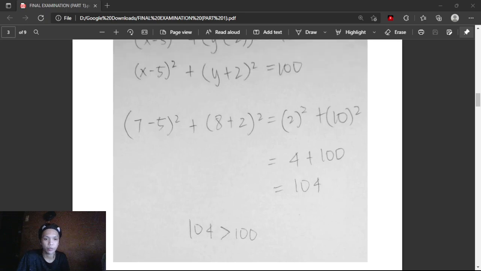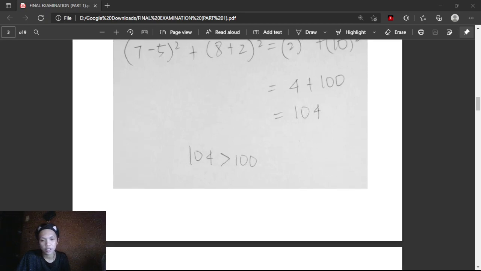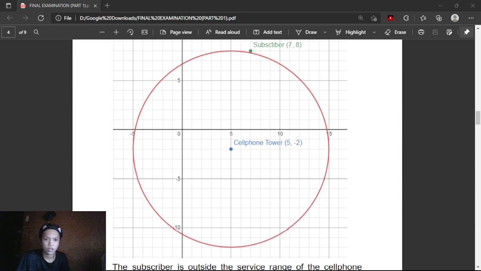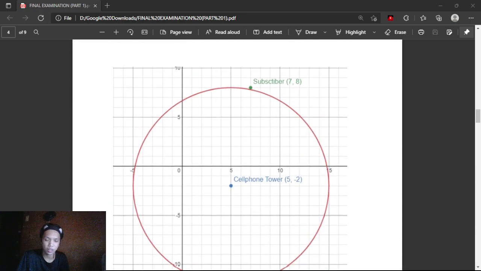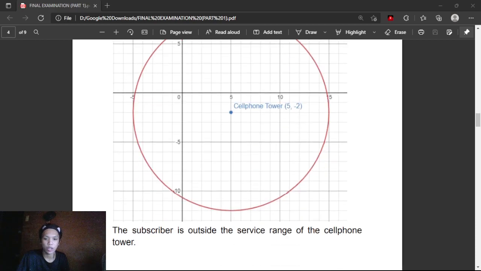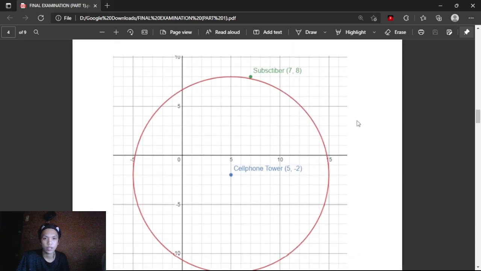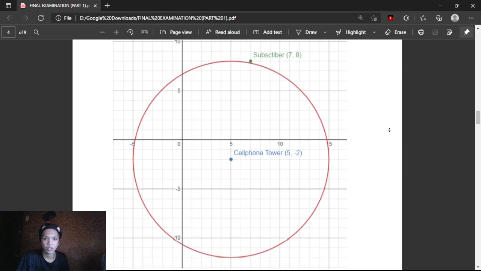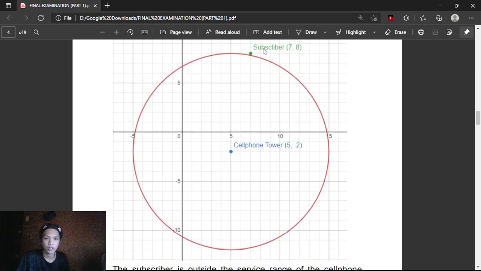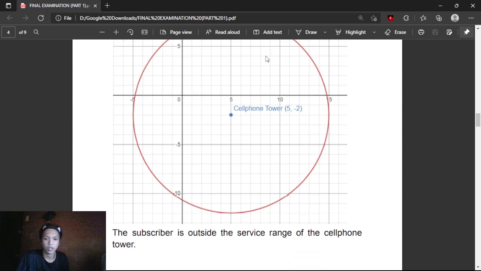So it is 104. Because 104 is greater than 100, here in Desmos it means the subscriber is outside the service range of the cell phone tower. As you can see here in the Desmos, this is the cell phone tower and this is the subscriber. It is outside the service range.